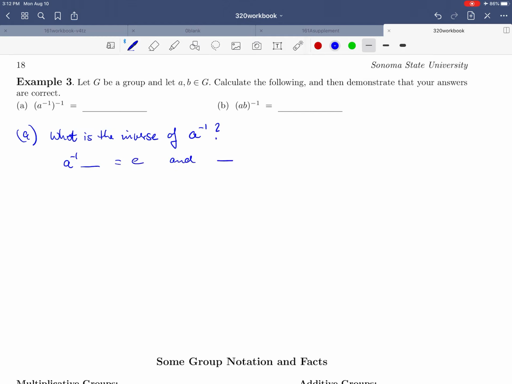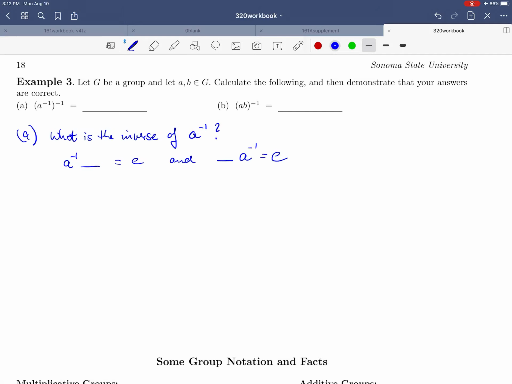And if you also multiply by it from the other side, you also get the identity. So in either order, you get the identity with the element whose inverse you're trying to find.